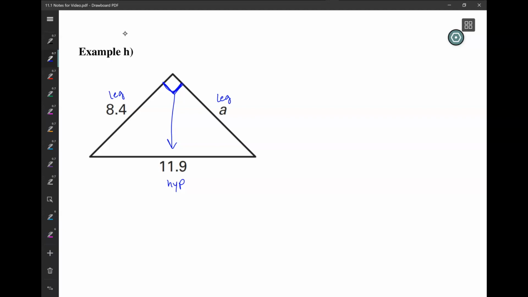So the other two sides are legs. So leg squared plus leg squared equals hypotenuse squared. So we are trying to find a leg. So a squared plus 8.4 squared equals 11.9 squared.